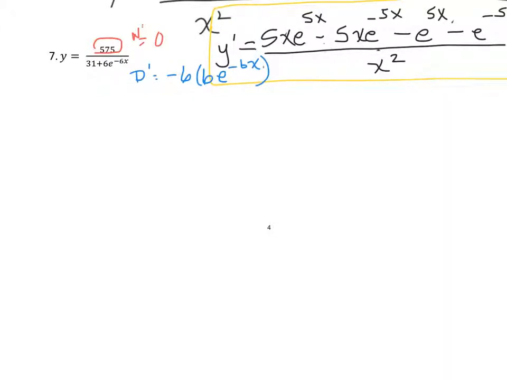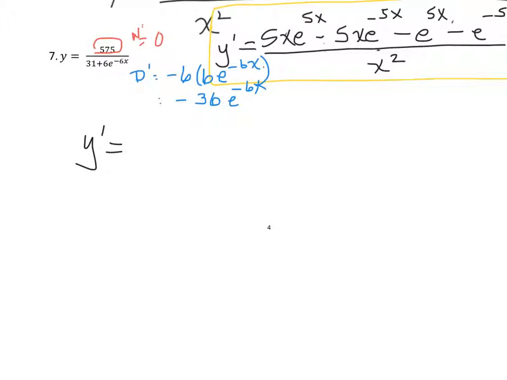And so our derivative of the denominator is -6 times 6 is -36, e to the -6x. And now we'll do our quotient rule.